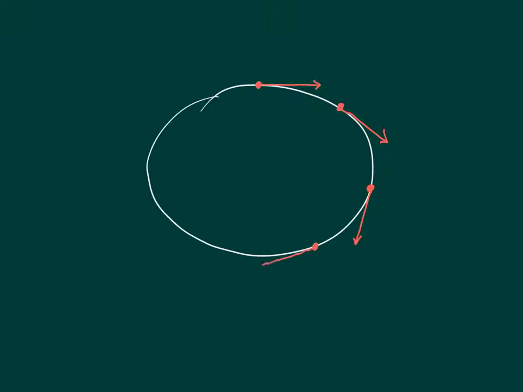Now, what we call this velocity, we call this tangential velocity, and we can designate that on here as VT, with a little vector symbol over the top.